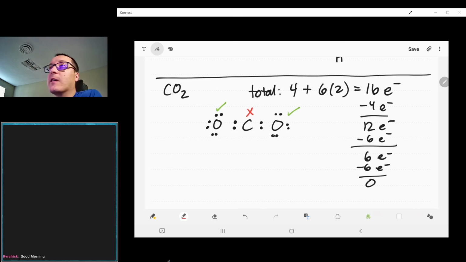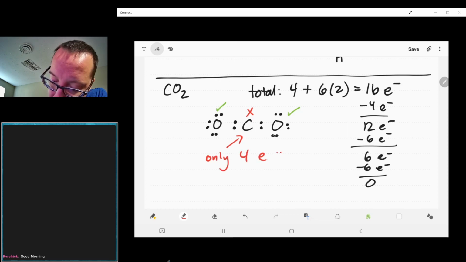Our carbon there in the middle only has 4 electrons. Oh no. What are we going to do? Well, this is where we're going to have to start sharing more things.